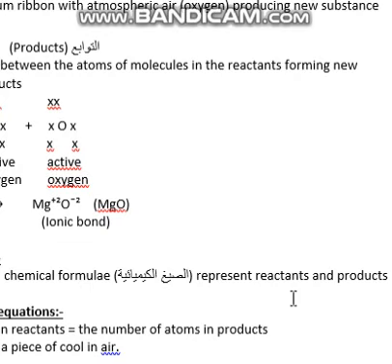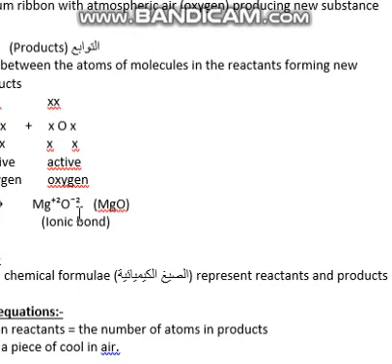So, for example, when you light a magnesium ribbon, magnesium plus O2 produces magnesium oxide. This magnesium oxide is a white powder. This equation is called a chemical equation. What is the meaning of chemical equation?